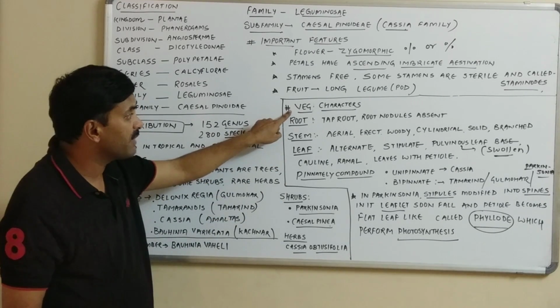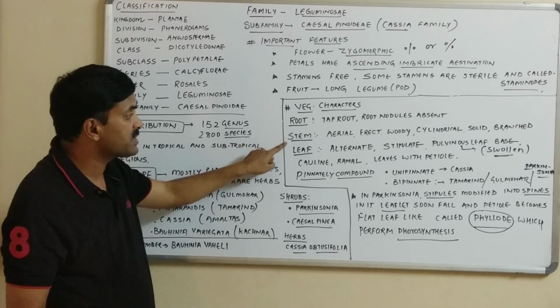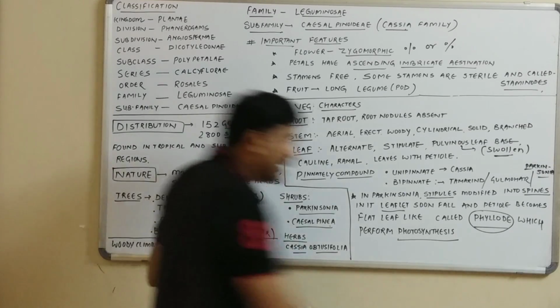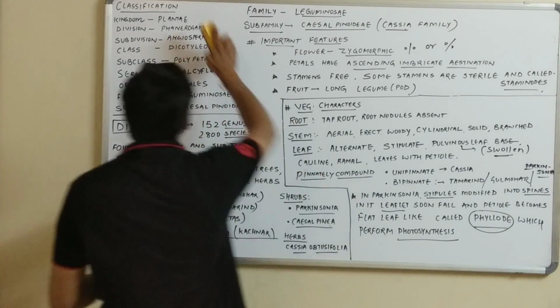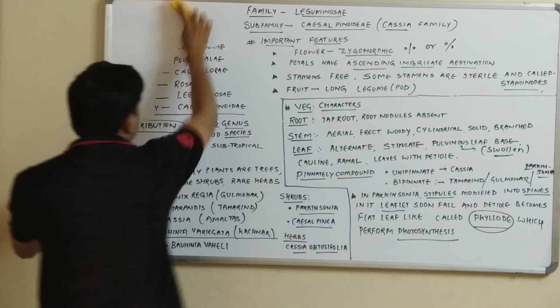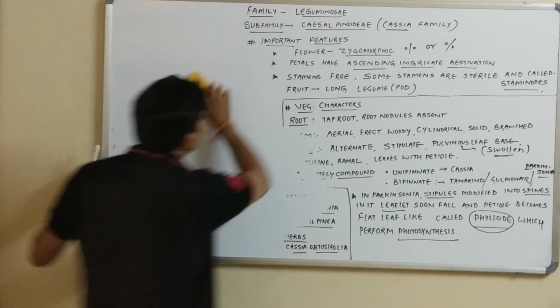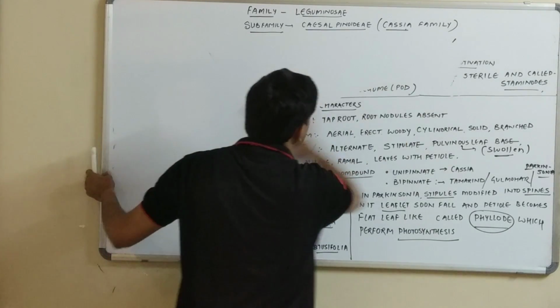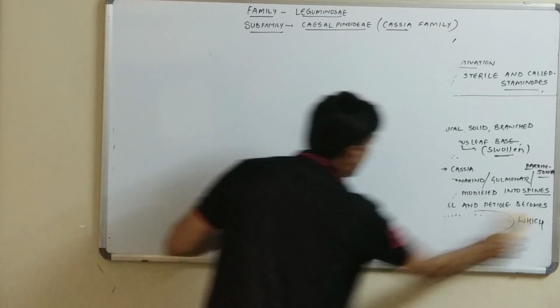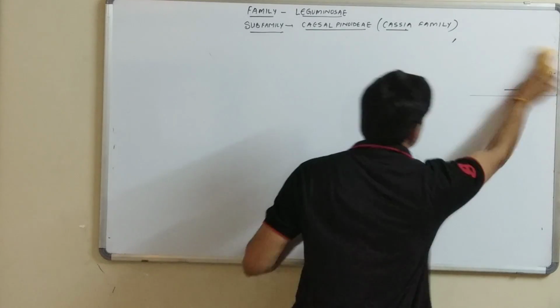So we have talked about the vegetative characters, that is the root, stem, and the leaf. Now let's have a look at the floral characters of this family. So now we will be discussing the floral characters of the subfamily Caesalpinioideae.